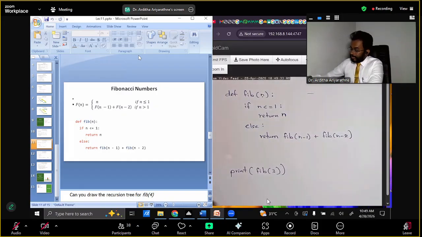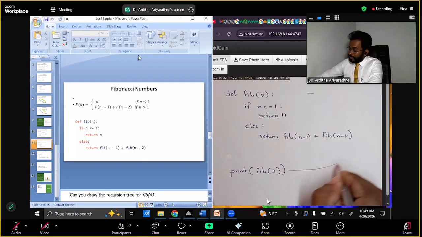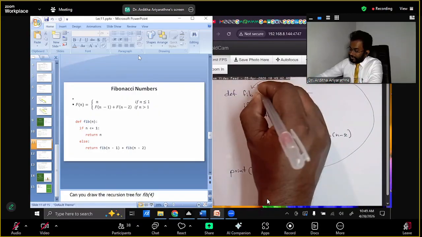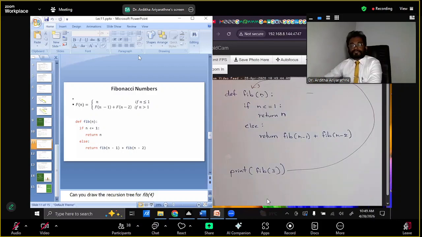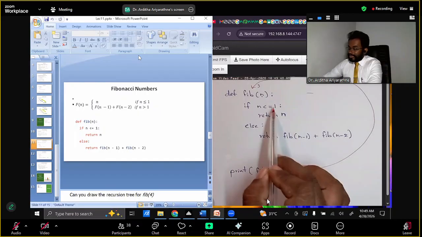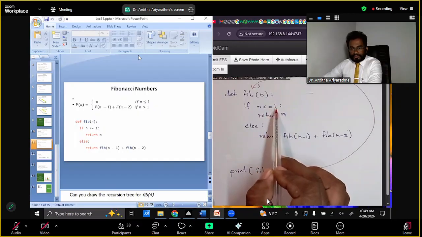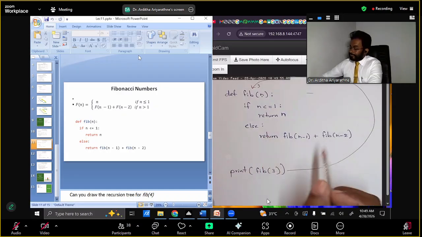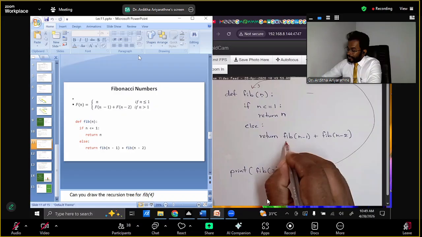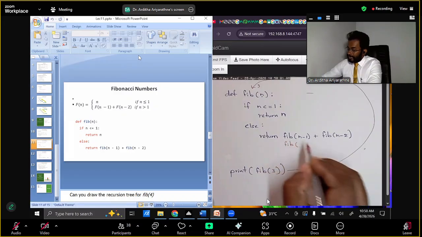I am calling our function with the value 3. Now the value of n is 3. It's not less than or equal to 1, so the if condition is false and we come to else. Then in return, I'm calling fib n minus 1. N minus 1 means 2.